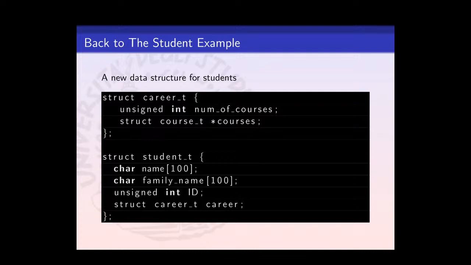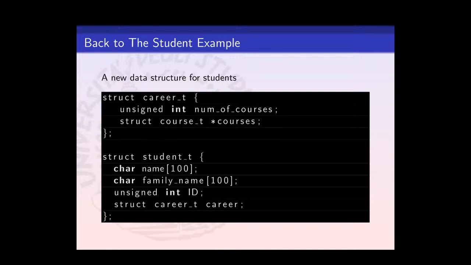We will have an ID for my student, and we will have a member which is actually of a new data type. While the other members of the struct student are instances of some standard data type, for the fourth member we have a new data type defined itself by using the struct syntax.